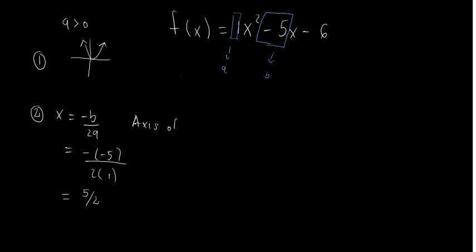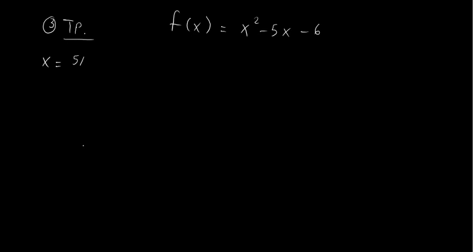Okay. What else can we find? We can find the turning point of this parabola. So how do we get the turning point? Rewriting the equation here, f of x is equal to x squared minus 5x minus 6. To get your turning point, we've already found that our axis of symmetry is equal to 5 over 2.